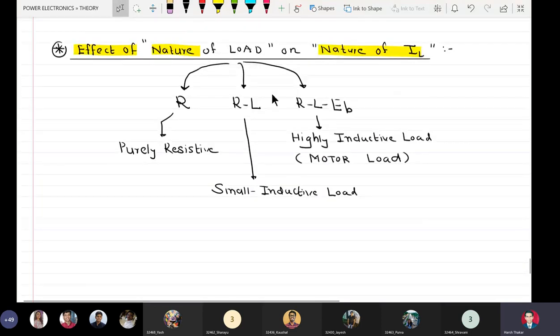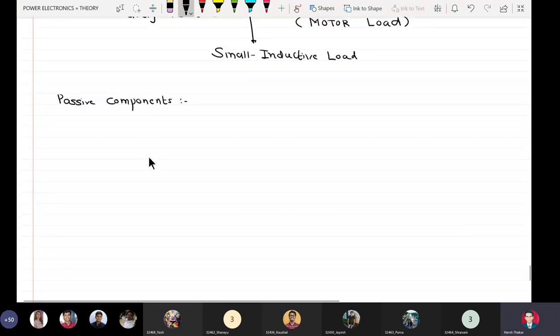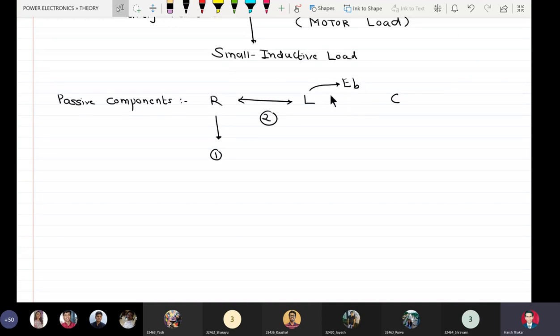So here we see that although there are three passive elements known to an electronics engineer, that is R, L and C, among the passive components we have this as the first one, a combination of this and this as the second one, and a combination of this along with EB as the third one.